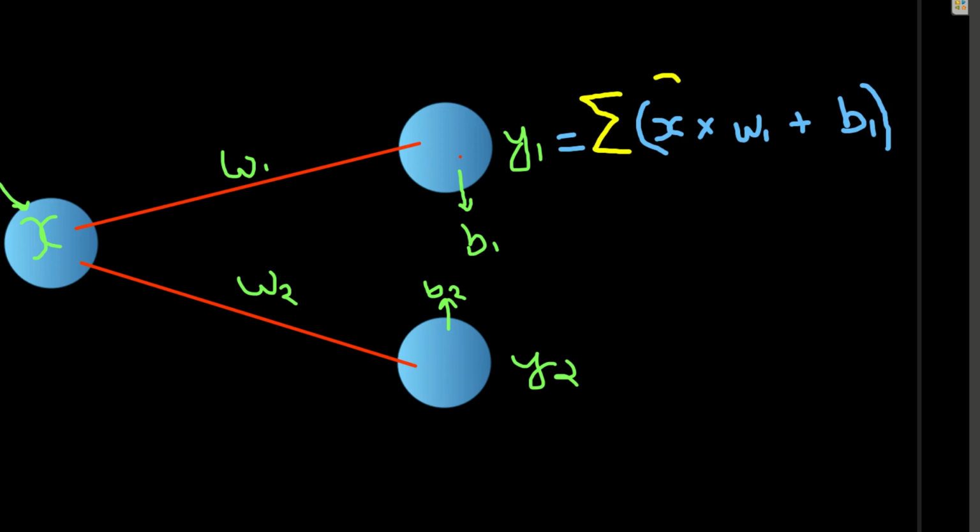Why do we pass this value through the activation function, and what does the activation function actually do to the value? Plus we will see the different types of activation functions and where we use which one. So let us see that.